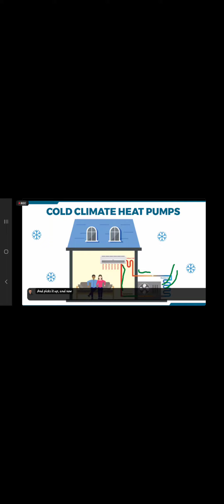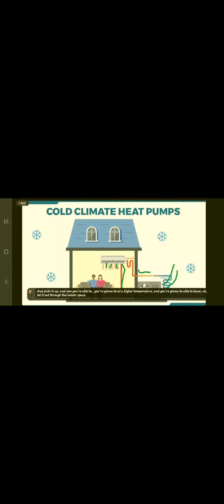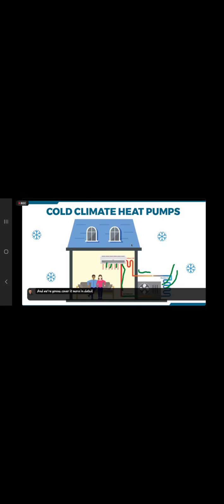Now you're at a higher temperature and you're able to let it out through the indoor space. We're going to cover it in more detail when we get into the refrigeration cycle. But that's just a basic understanding of how heat energy works and how HVAC and heat energy coexist with each other.